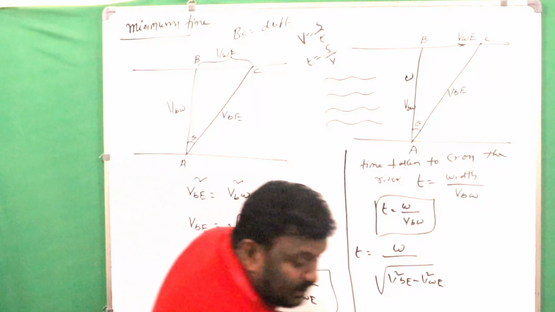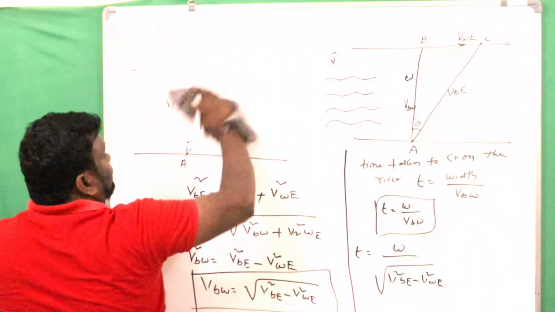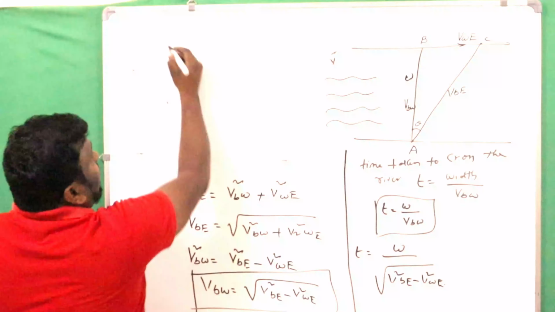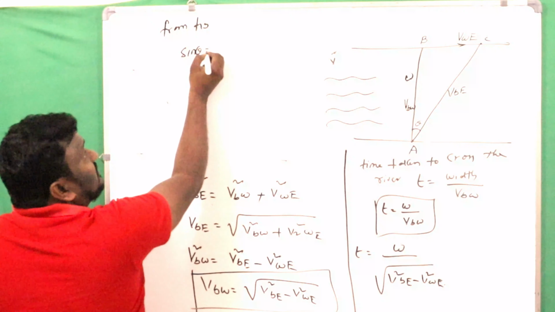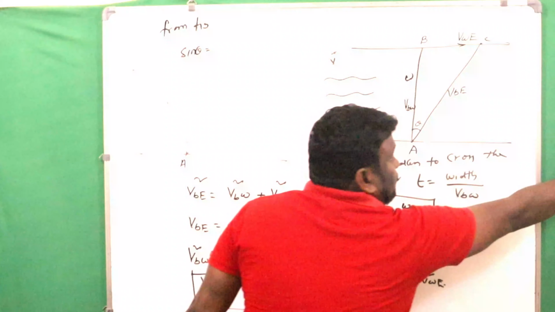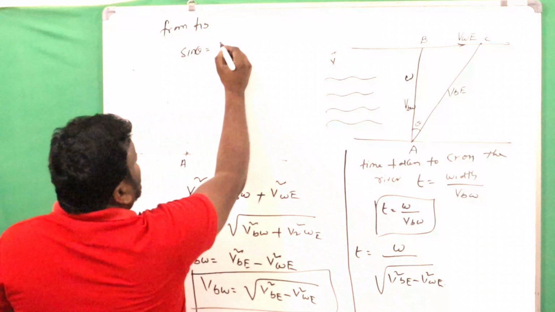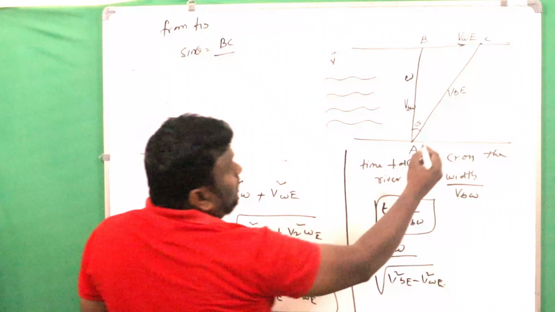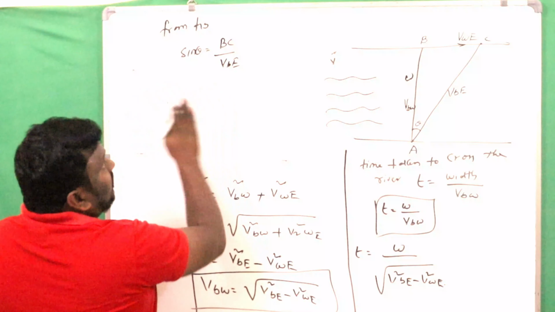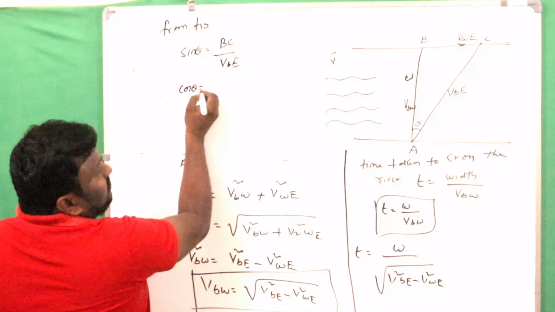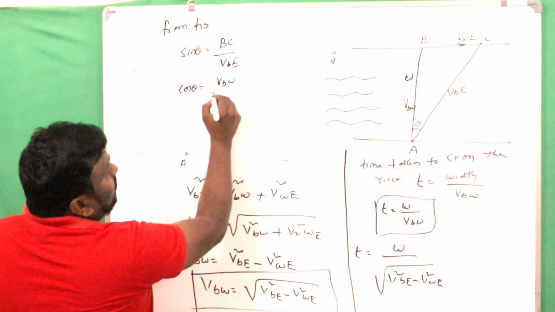If you want to write it in terms of angles, look here once. From the same figure, we can write sin theta is equals to the opposite side, BC by VBE. And cos theta is equals to the adjacent side, VBW by VBE.